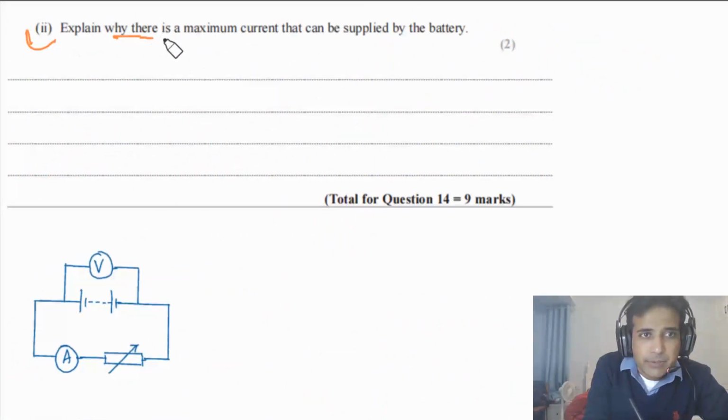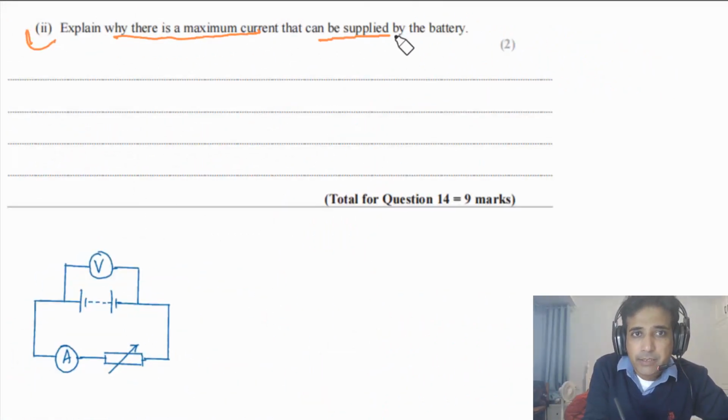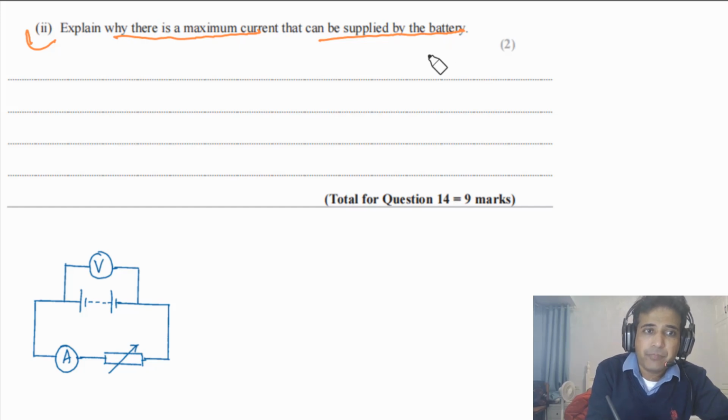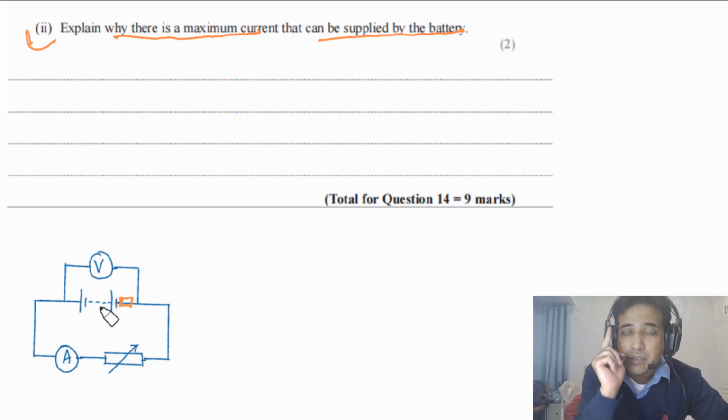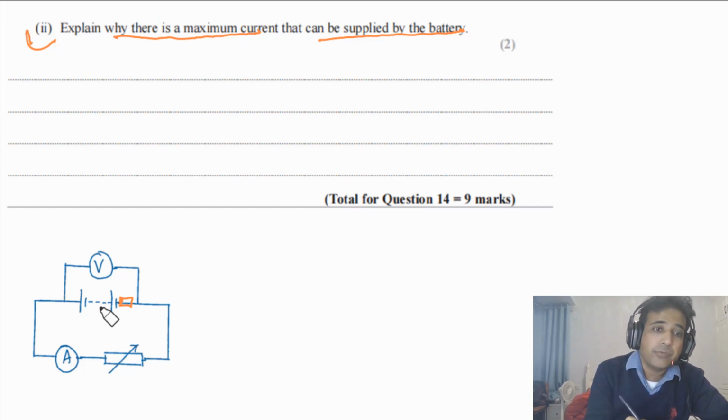The second part says explain why there is a maximum current that can be supplied by the battery. In order to answer this question, we will be looking at this circuit again. And this battery is not an ideal battery. This is a real battery, so it has some internal resistance.